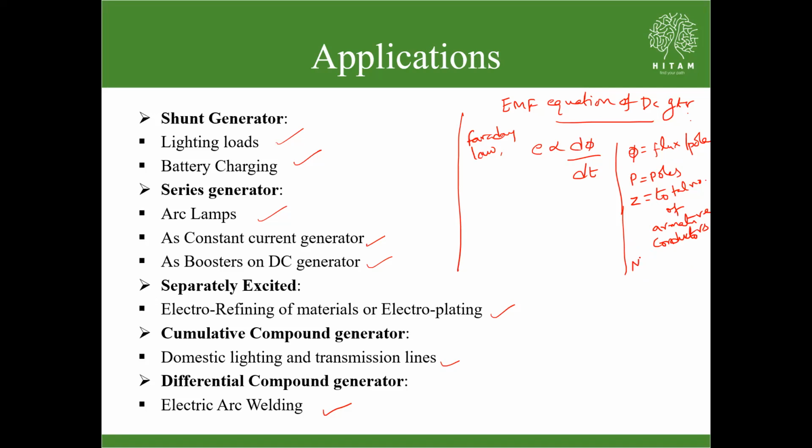N is the speed of armature in RPM, these are the units. And the number of parallel paths we are provided is represented by capital A, and P is of course the number of poles.